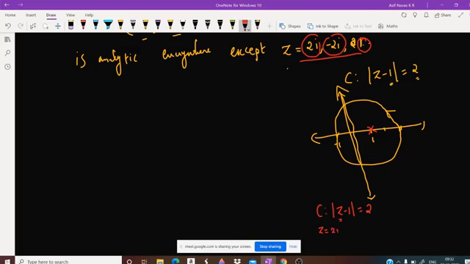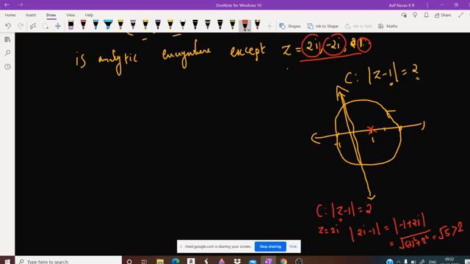If I put z equal to 2i, then mod of 2i minus 1 is equal to mod of minus 1 plus 2i, which is the distance of 2i from 1. So this equals the square root of minus 1 square plus 2 square, which is root 5. So root 5 is greater than 2.